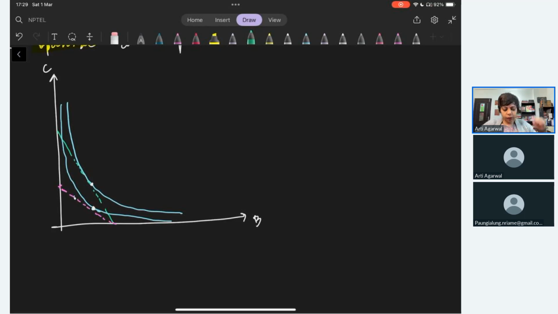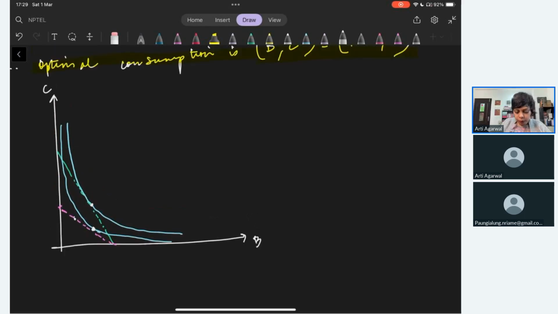Okay, now let me explain once again what I have drawn. Green is the original budget line, which is what we just solved, and the point where it intersects the first blue curve is the original consumption bundle. Let's call this P1, and this point is P2.